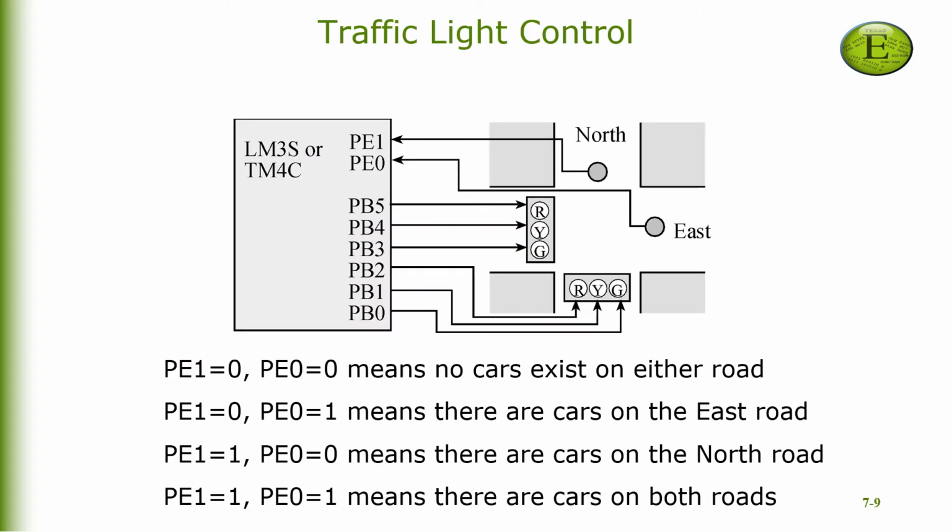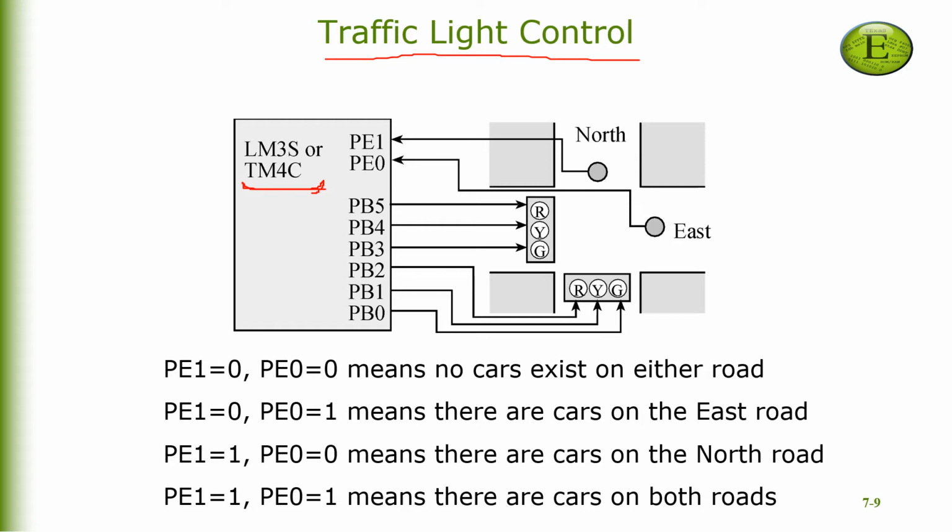Let us now look at a real-life example of the implementation of a finite state machine. In this example, we are interested in controlling a traffic light system, and we are going to use our ARM Cortex-M4 microcontroller, LM3S, or in our case TM4C series microcontroller, are more relevant.